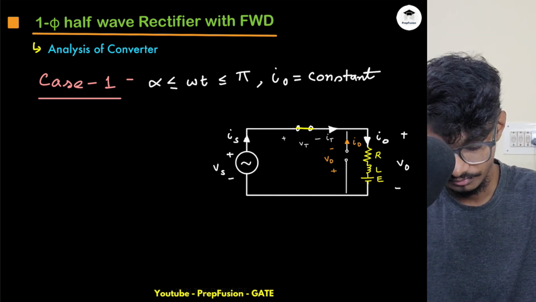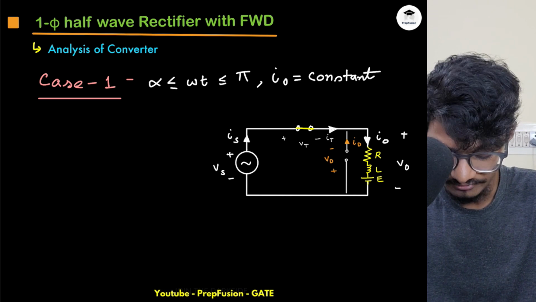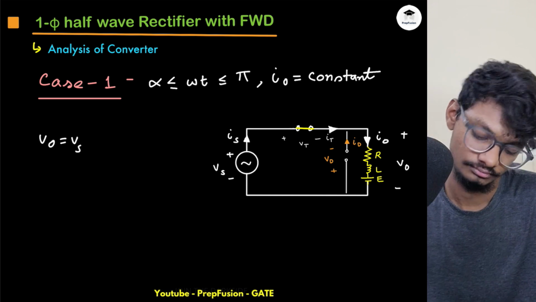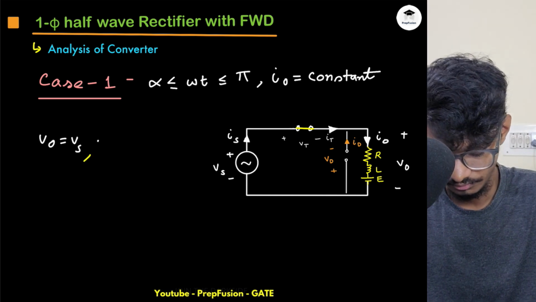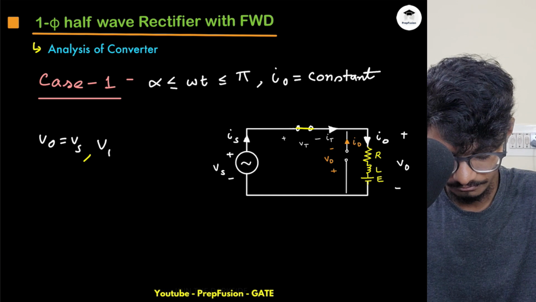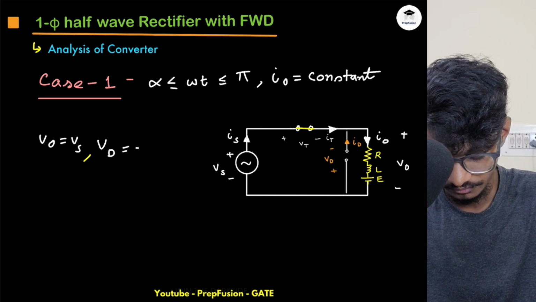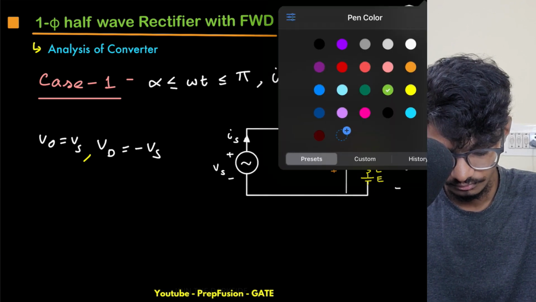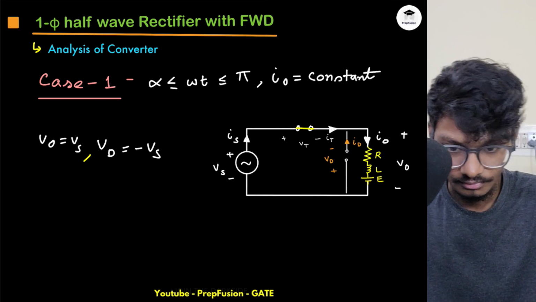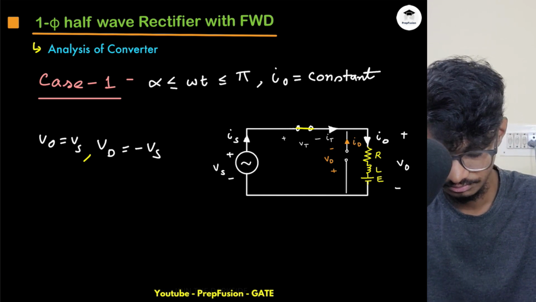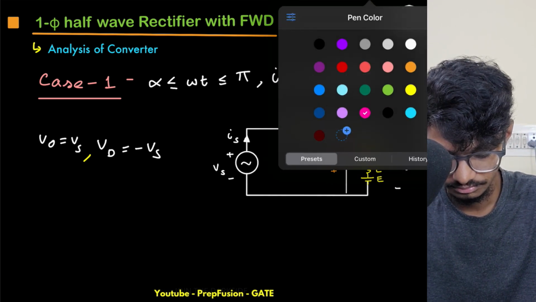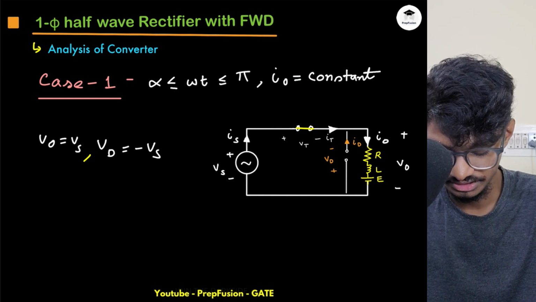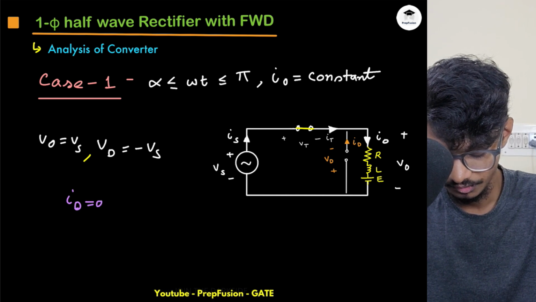As the SCR is triggered at omega t equals alpha, my VO is equal to Vs, my Vd is equal to minus of Vs, and as my Vd is minus of Vs, obviously my ID will be 0, because the diode will be off.